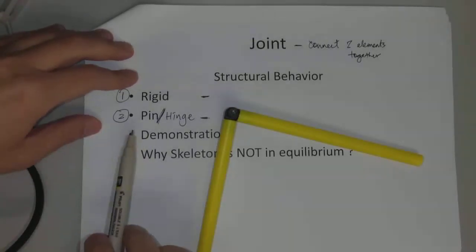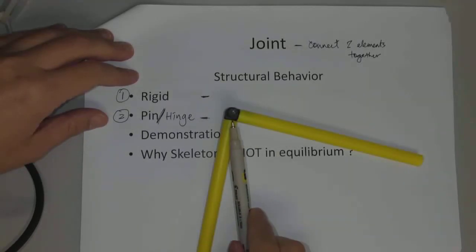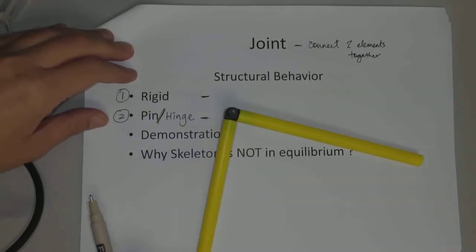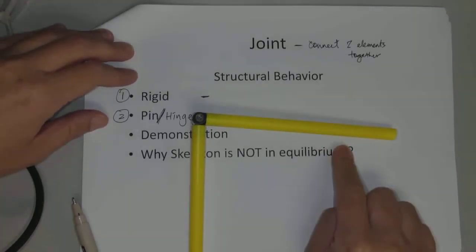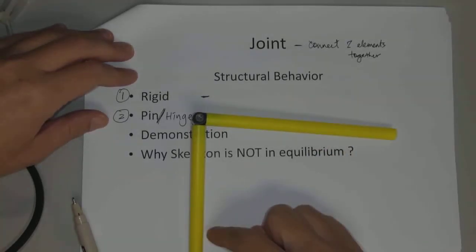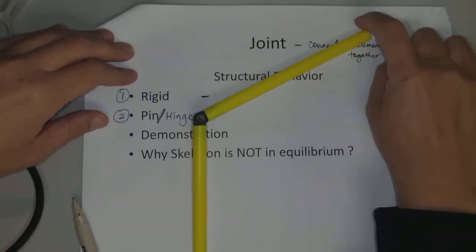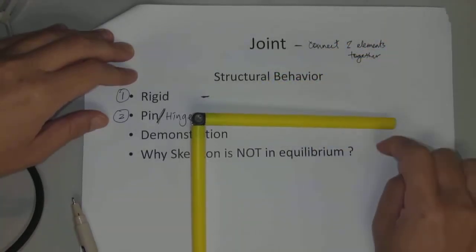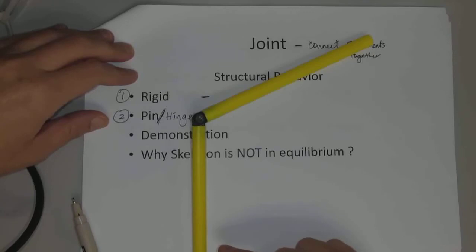Now let's first look at what is pin or hinge. So this connection is a hinge connection. Why is it a hinge connection? Because if I try to move one of them, it doesn't affect the other one. Right? That thing stays there.